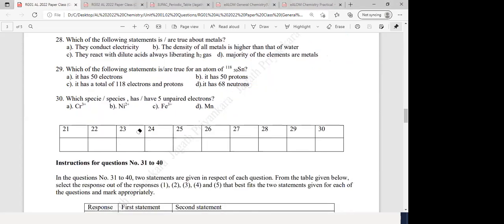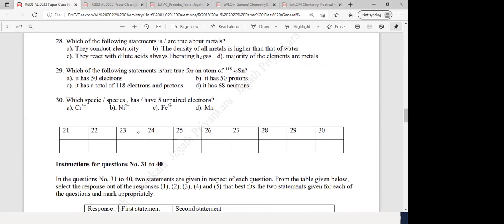28th MCQ, yes. Any volunteers? True statement about metals. A, they conduct electricity. Yes, any metal conducts electricity.